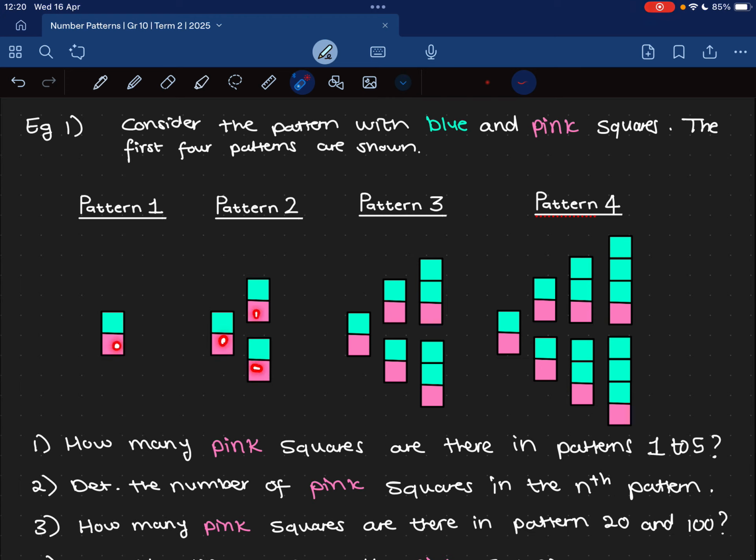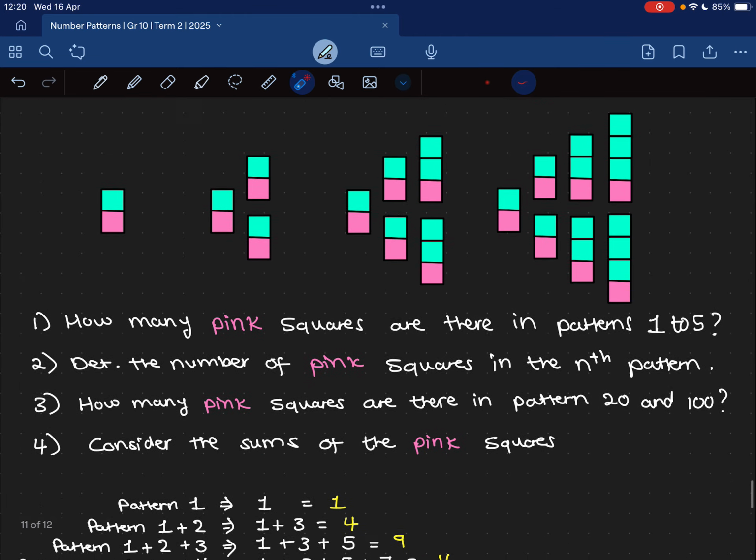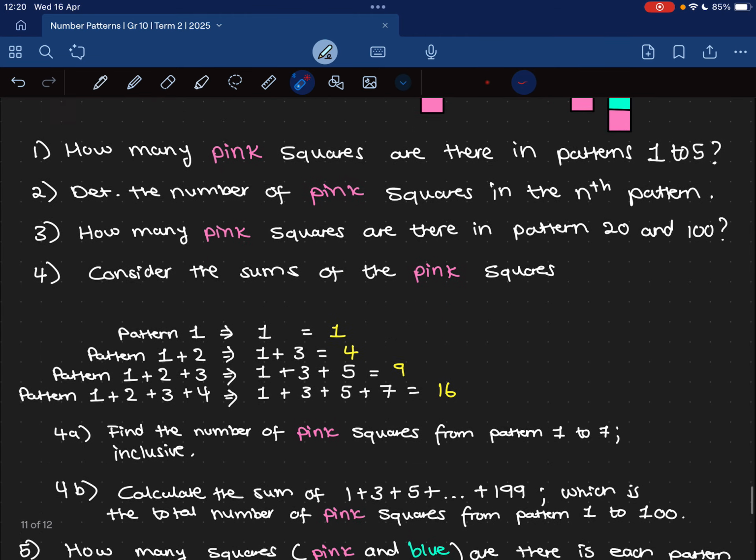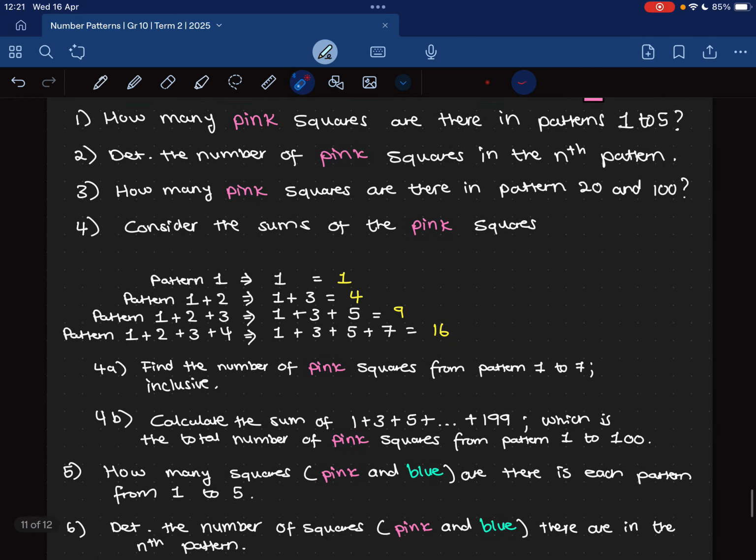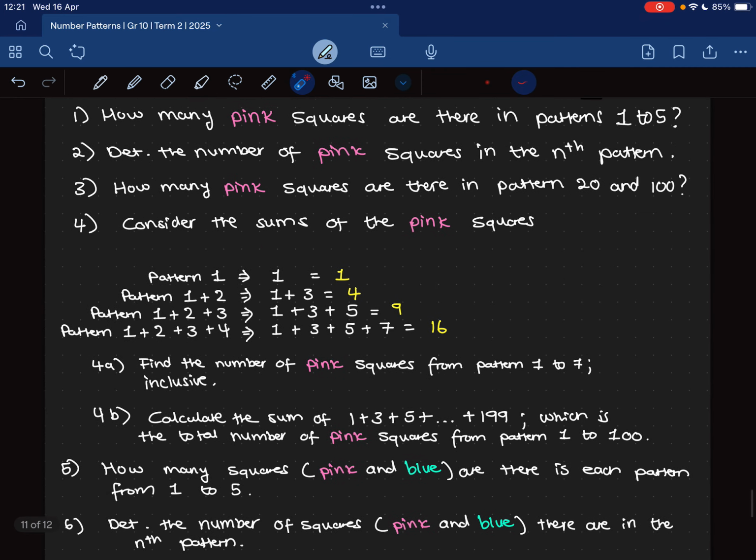Whatever you use for the pink must match for the pink, and whatever you use for the blue must match for the blue. Then there are your questions. So again, pause the video here on this page, write down all the questions, and then we'll answer them together.